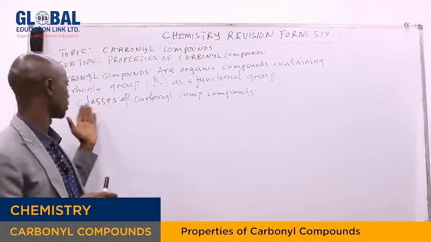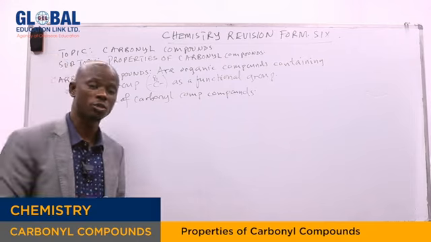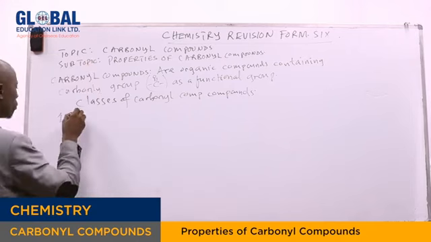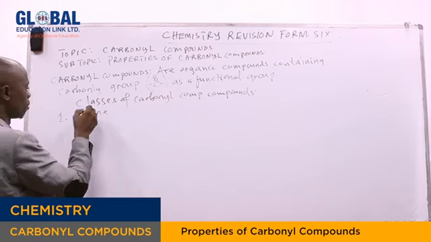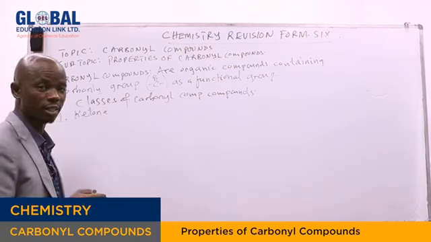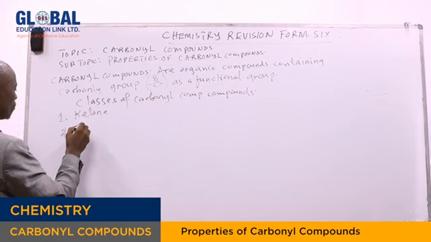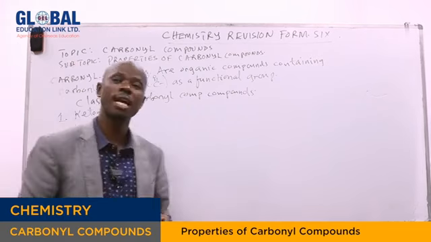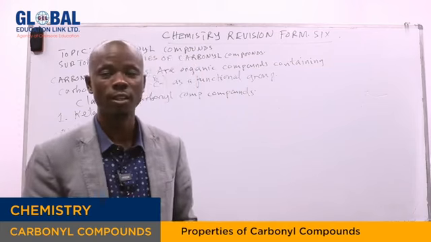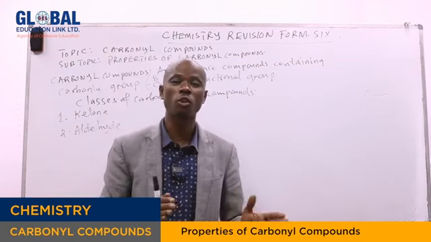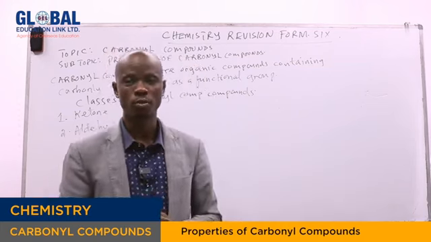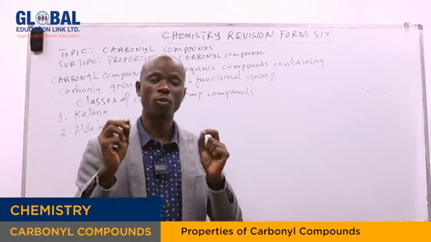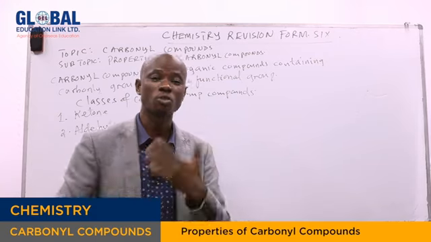We have two classes of carbonyl compounds. The first one is ketone. The second one is aldehyde. The two classes differ from each other depending on the position of the carbonyl group. That means the two classes are isomers of each other.